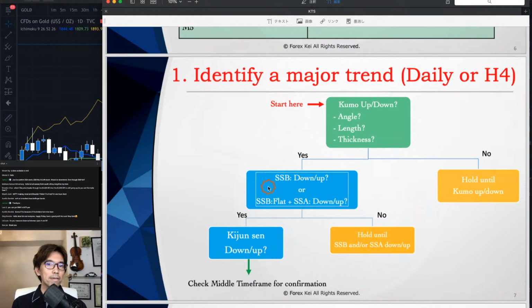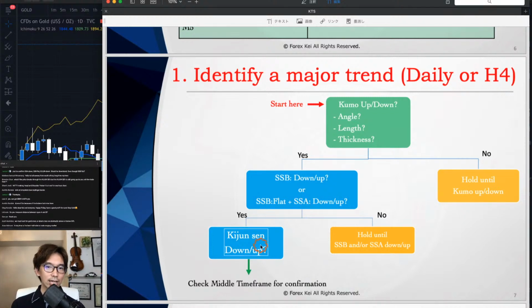But if Senkou Span B is flat, then I look at whether Senkou Span A is also trending up. While Senkou Span B is flat, when Senkou Span A is trending up, I look at the Kijun-sen and see if it is also up. If Kijun-sen is also up, then that is a trend by my definition.